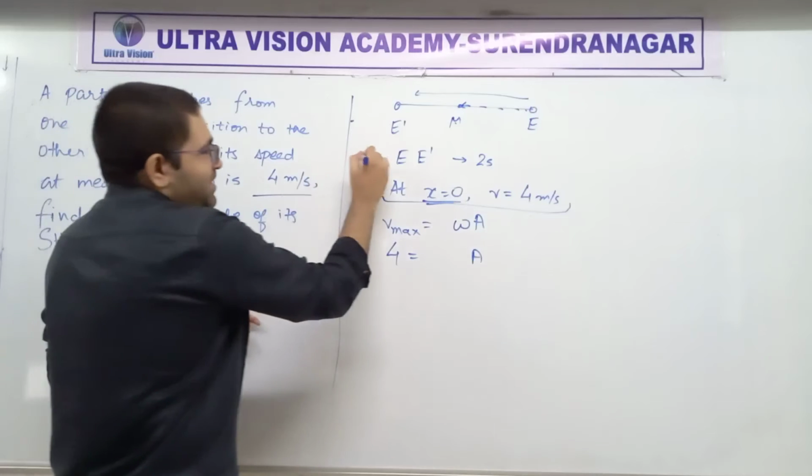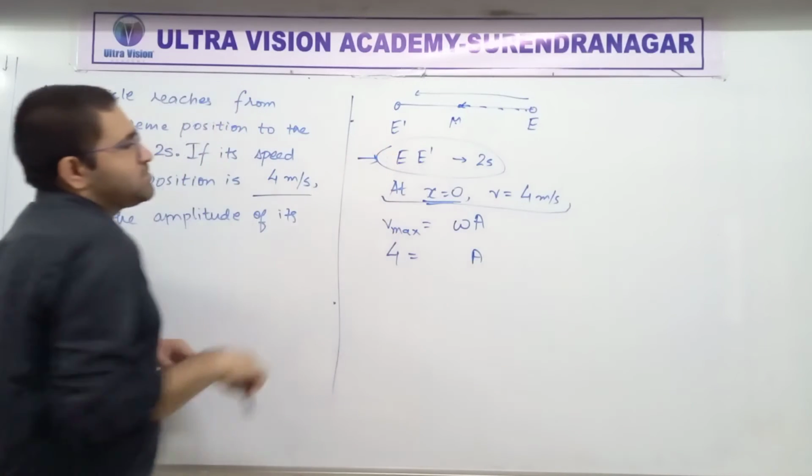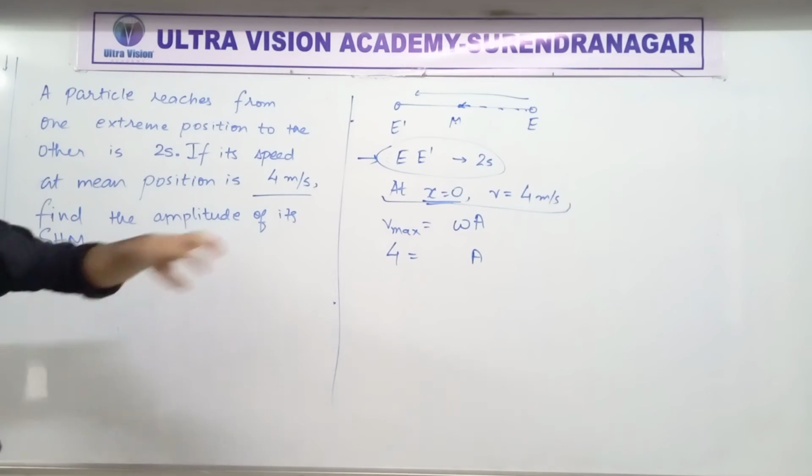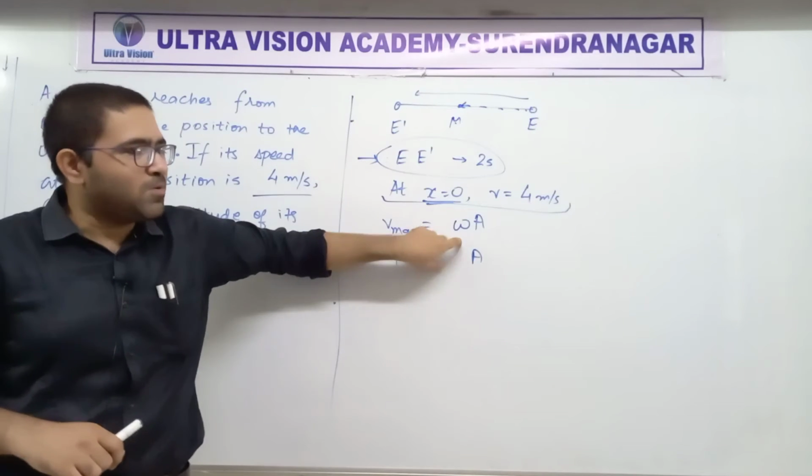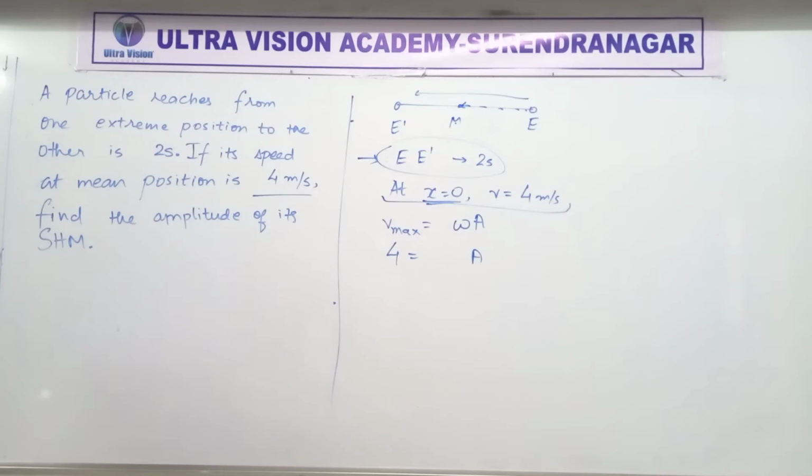For that, can we try and use this information? Can you tell me based on this information how much will be omega? Come on people, use concepts. Hurry up. Omega will be pi.